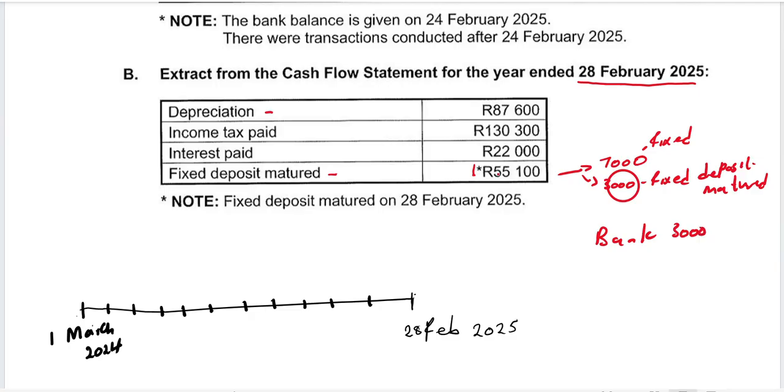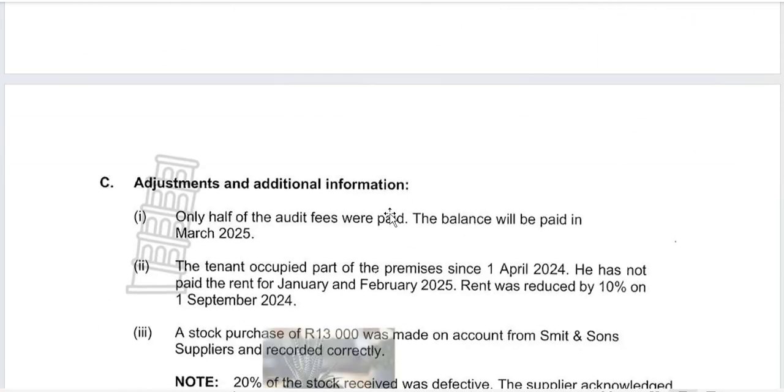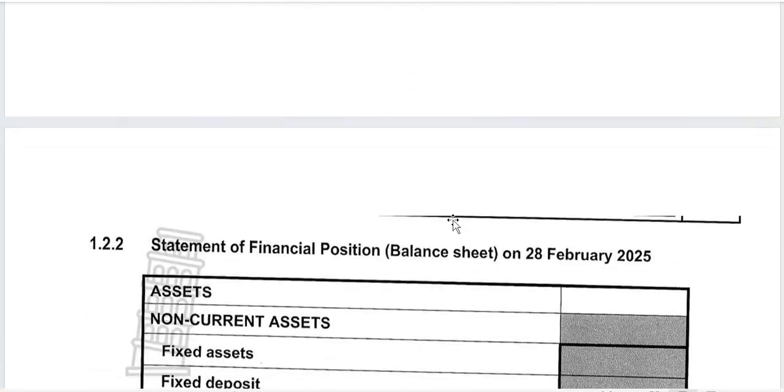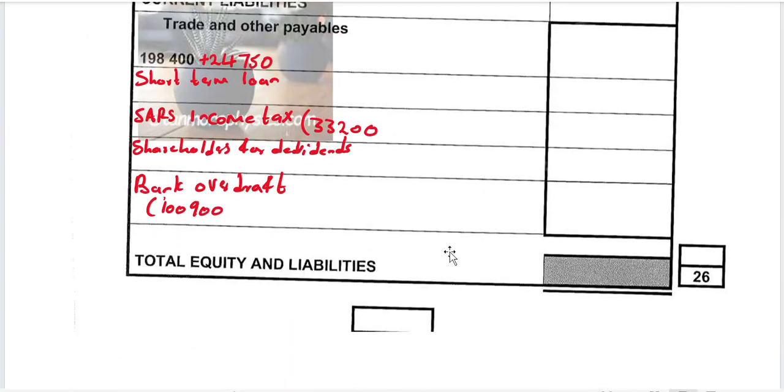So let's go and record this 55 100. We wanna come and record it here under bank overdraft. We were owing the bank how much? 1,900, ne? And then since we'll have a fixed deposit that will mature, you see, it is going to decrease the amount that we were owing the bank.